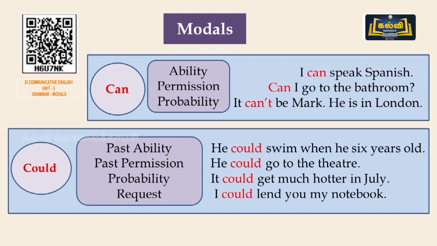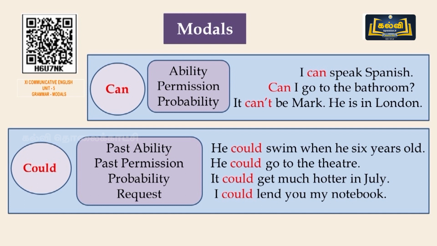I can speak Spanish. Can I go to the bathroom? It can't be Mark. He's in London. That is probability. Then could: the past ability, past permission, probability and request.